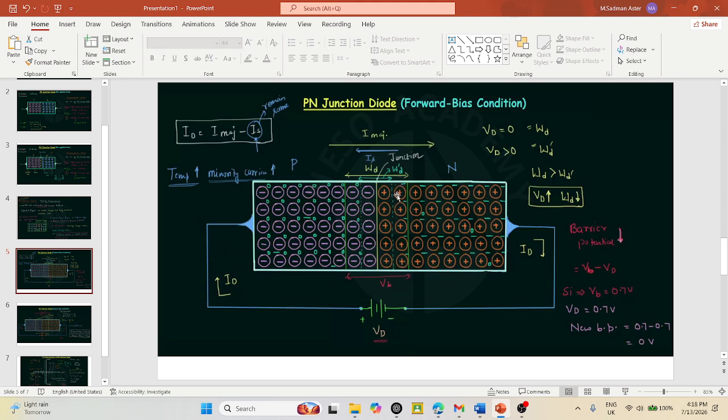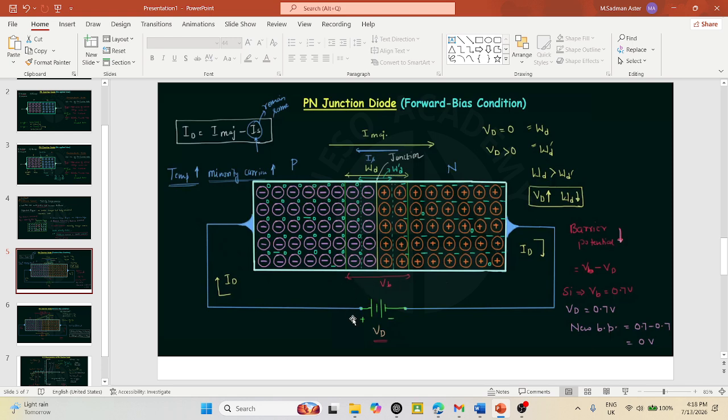As a result, the depletion region will decrease. Also, the barrier potential decreases, by the amount of the barrier potential minus the external voltage. As a result, the barrier potential will decrease and the depletion region will also decrease.